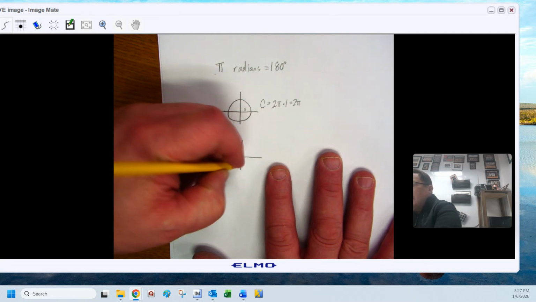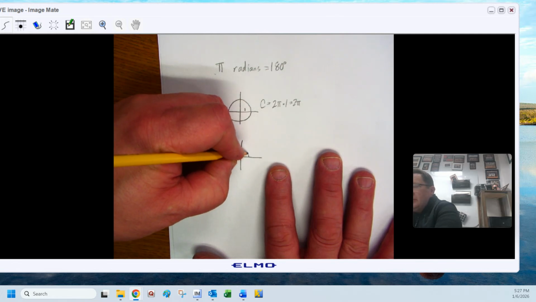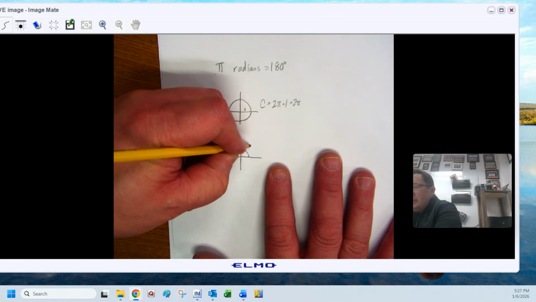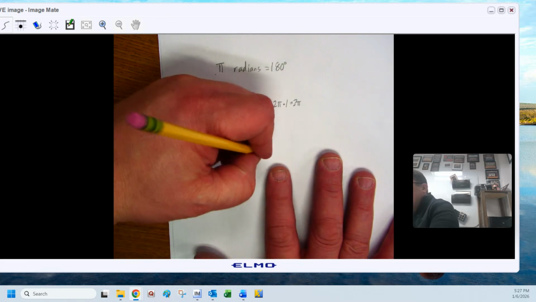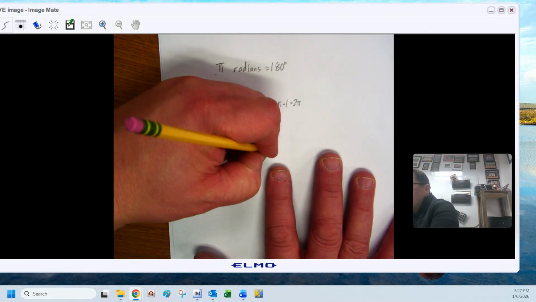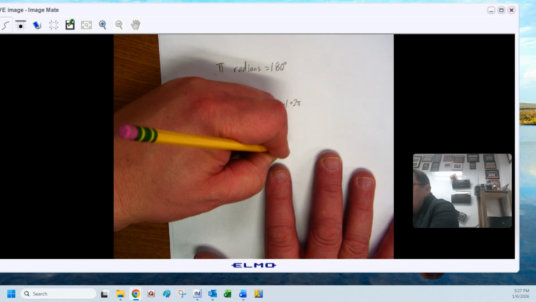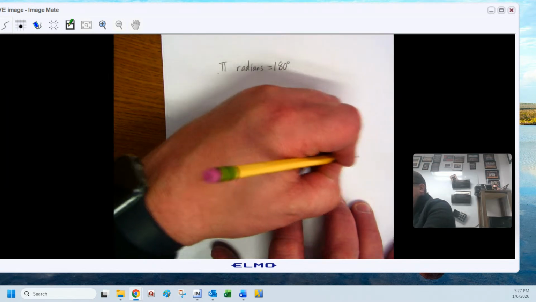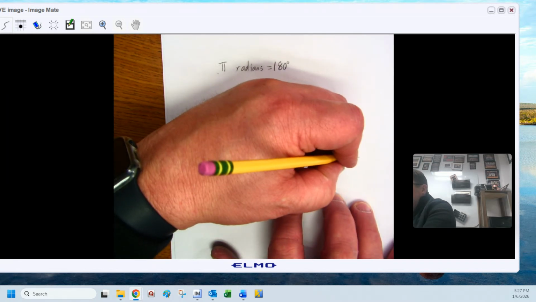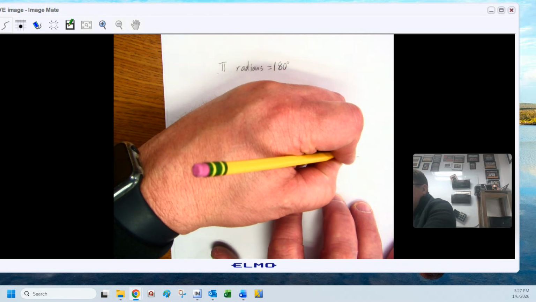Just to give you a couple of examples, this would be 90 degrees in degrees, but it's pi over 2 radians. Those are the same thing. And maybe this is 1/3 of the way.